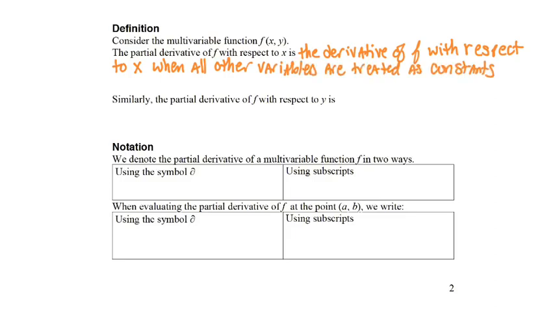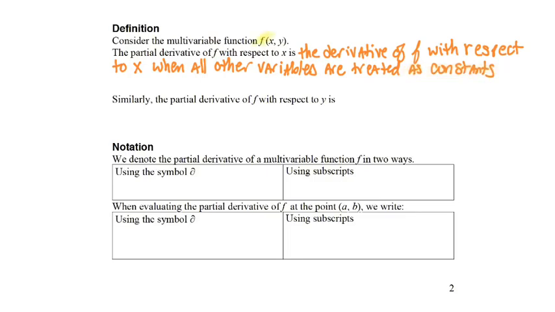It seems redundant, but basically we're saying if you want to take a derivative with respect to x, you take the derivative for x and treat everything else as if it's not the variable you're taking the derivative of, which we just saw in the prior examples.